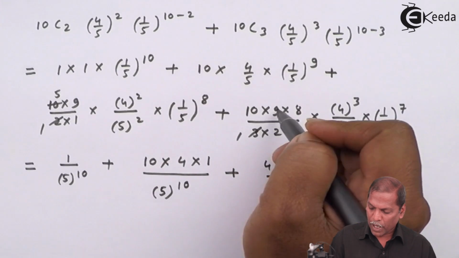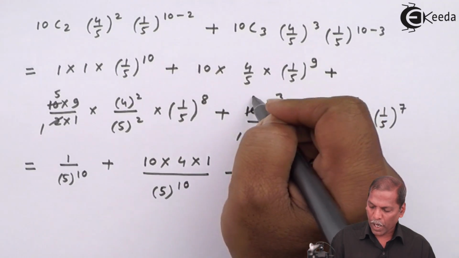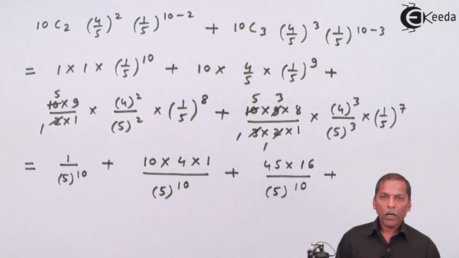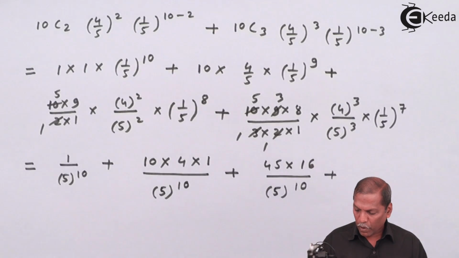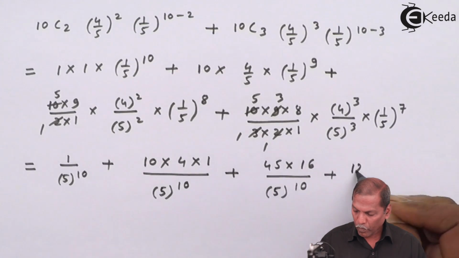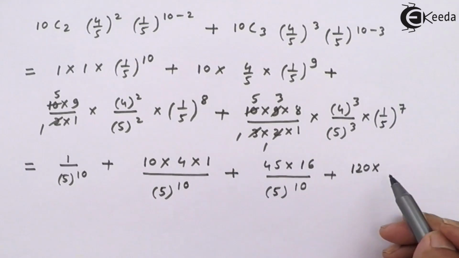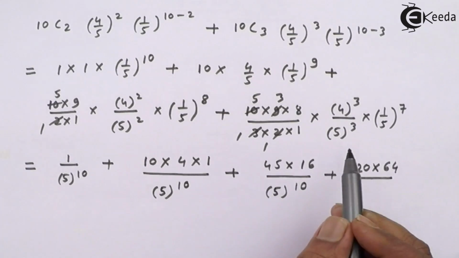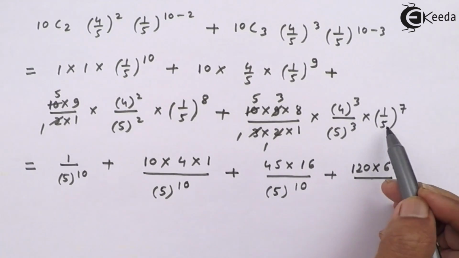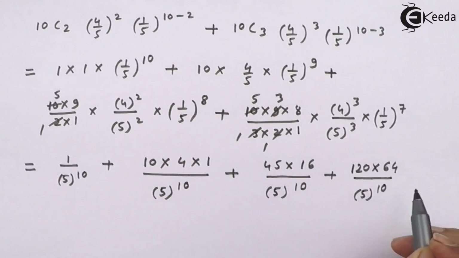Here 3 ones are 3 and 3 threes are 9, 2 ones are 2 and 2 fives are 10. Now 5 into 3 is 15, 15 into 8 is 120, into 4 cubed, that gives 64 upon 5 cubed into 5 raised to 7, so we get totally 5 raised to 10.